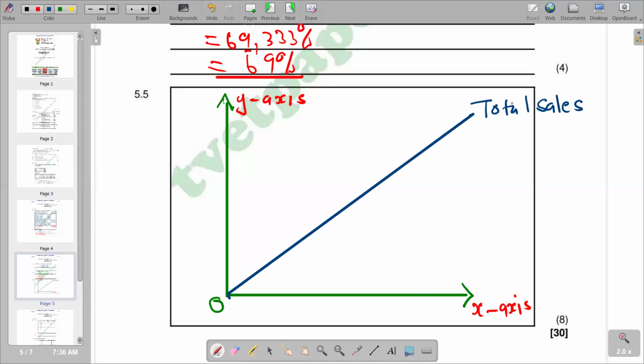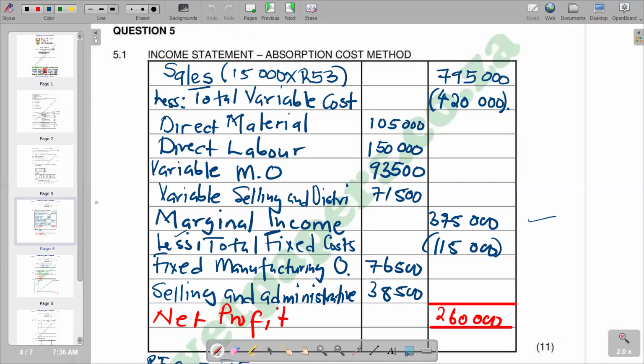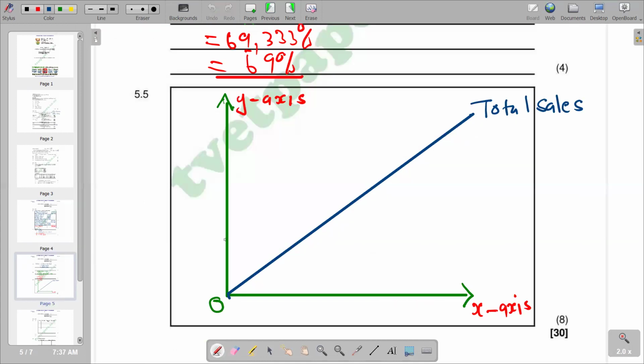Then from there, you can also draw your fixed cost curve. But what's important is to refer back to see what is the total fixed cost that we have. Total fixed cost is 115,000. So it means we can put our fixed cost here as 115,000.